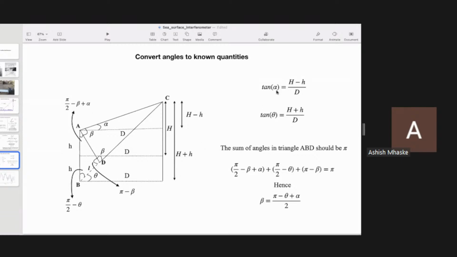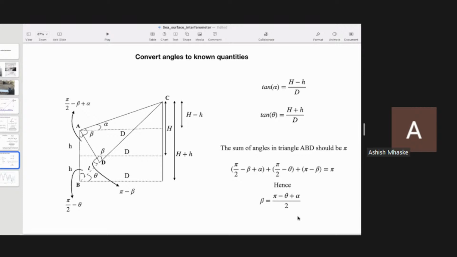To get alpha, you use this equation. It's basically simple trigonometry again. And to get beta, you again calculate theta and then get beta here.